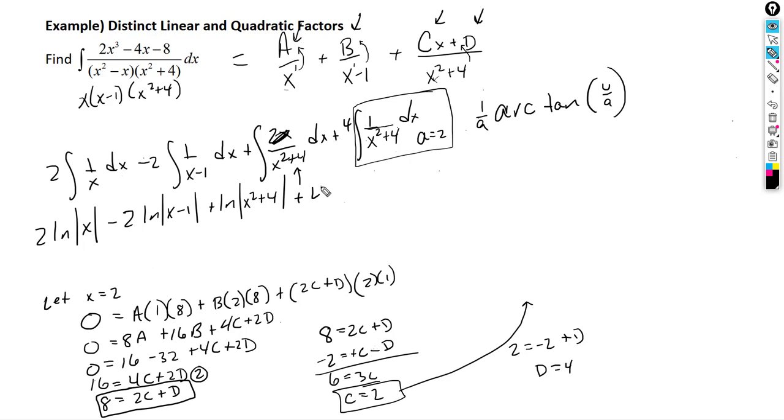The 4 is still there, times now the antiderivative of all of this, which was 1 over 2 arctan of x over 2, plus some value of c.